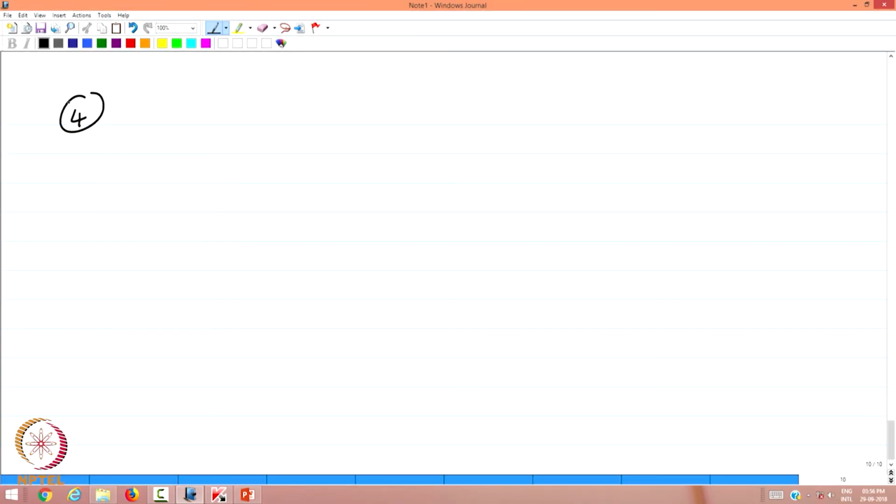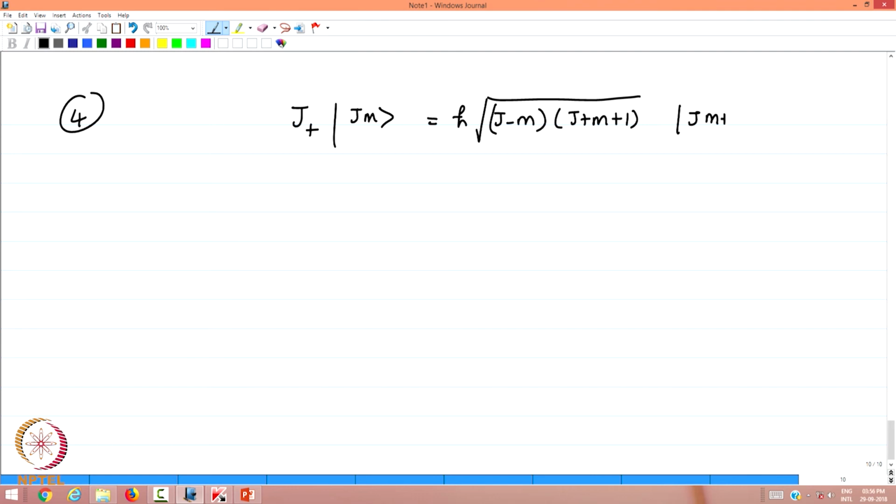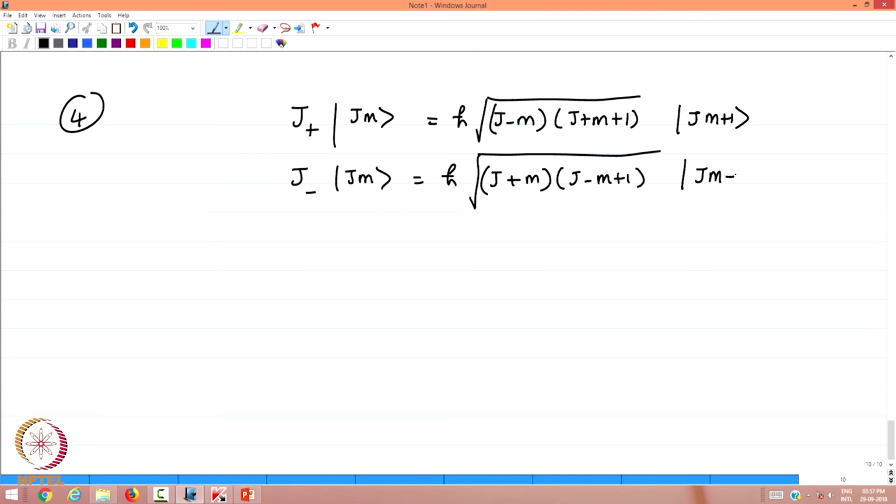The second is of course immediately recalling this result. You must know the 3 operational properties: j plus on j m is given by h bar square root of j minus m into j plus m plus 1, changing the basis set to j m plus 1, and in a similar way j minus on j m is given by h bar square root of j plus m into j minus m plus 1, giving you the basis function j m minus 1, and the last one is j z on j m giving you h bar m j m.